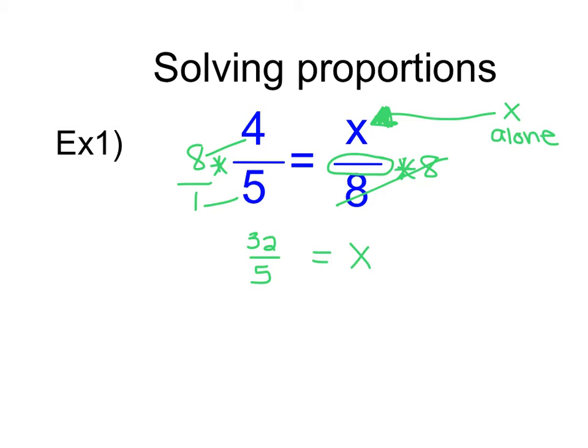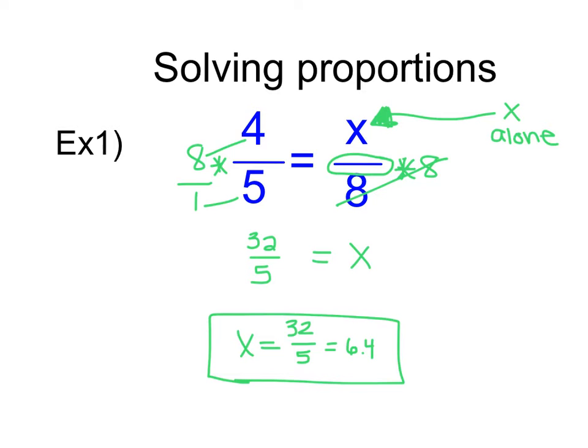Just by using my knowledge of undoing rules and getting x alone, I find that x is equal to 32/5, which you can just leave as a fraction. That's perfectly fine. If you would like to turn it into a decimal, you can use your calculator to divide it, and also list 6.4 as the decimal equivalent. Either of those answers would work.